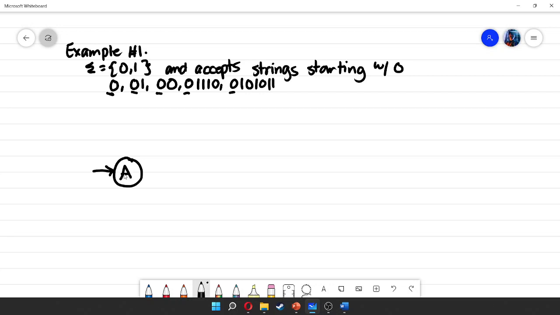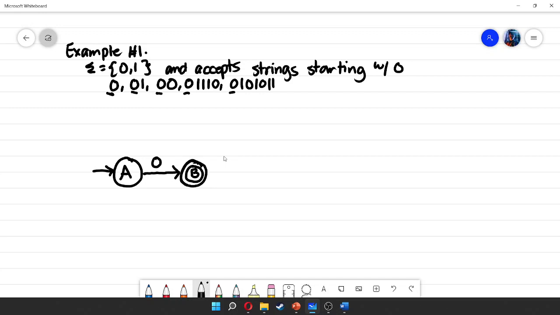Start with A. What if we are in our initial state and we read an input of 0? Then let's create another state, which will be our final state, and name it B. We put the correct or accepted strings in B. Our rule is that the string must start with 0, so if we read a 0, we go to B.